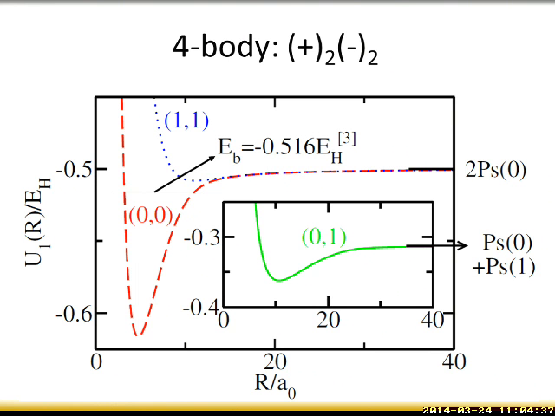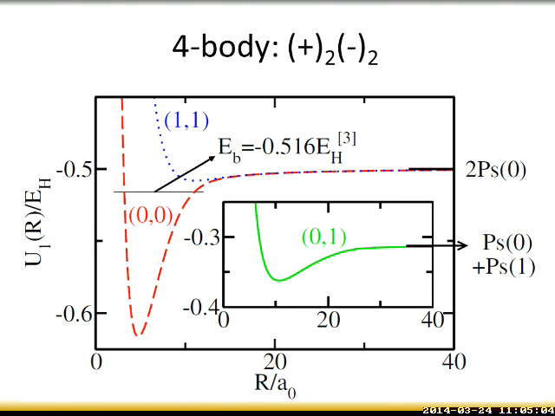Whereas if they're in the triplet configuration, we don't have a bound state, and that's the configuration that would basically lead to the BEC. Because if you have spin polarized positroniums, they can't recombine to form the dimers, so you just have a spin polarized BEC of positronium.